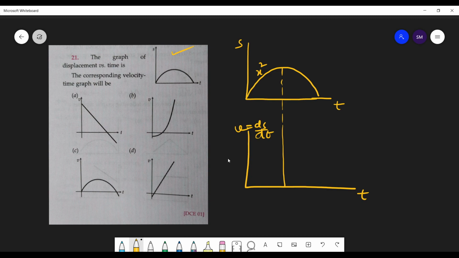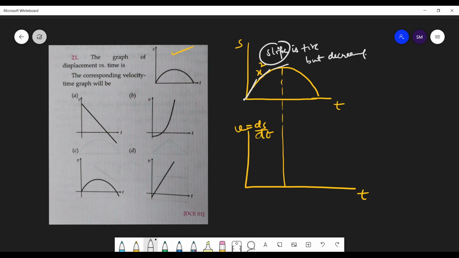Sir, initially the displacement increases and then it is decreasing. So, sir, initially velocity will be positive and then it will be negative. See, tell me about the slope. Is the slope increasing or decreasing? Decreasing, sir. So slope is positive, but decreasing.